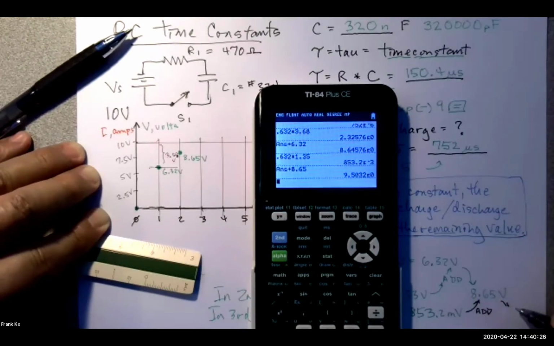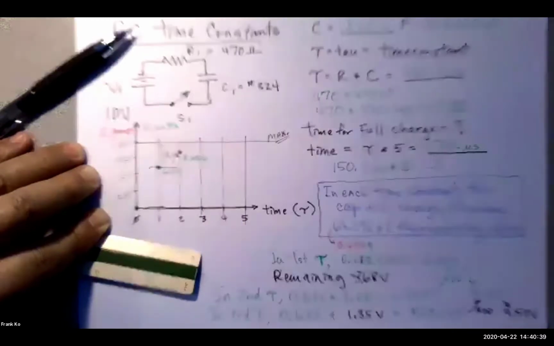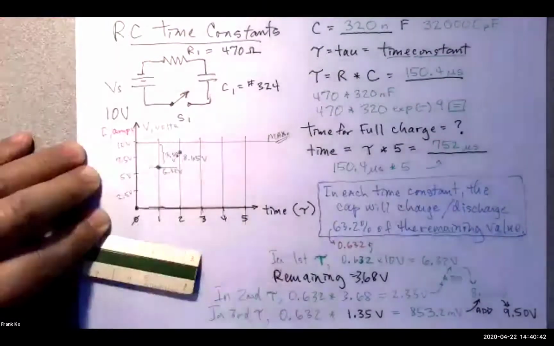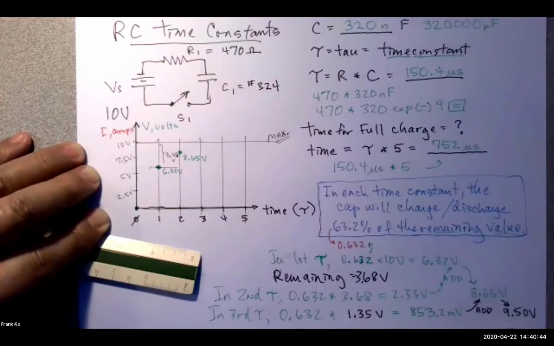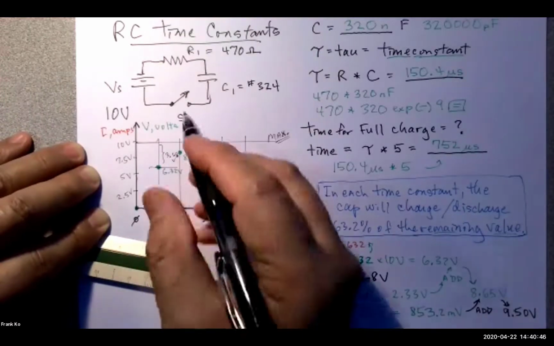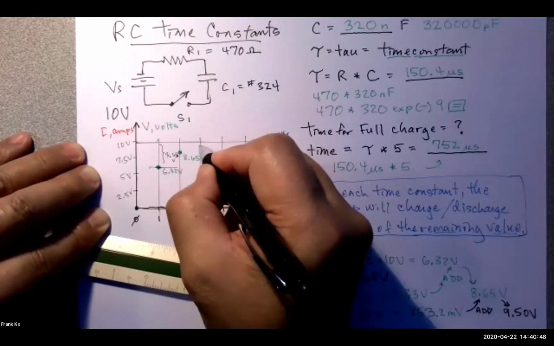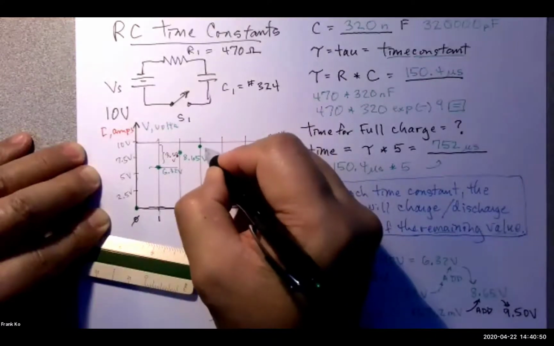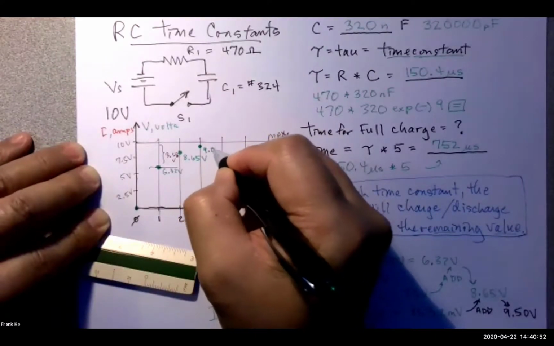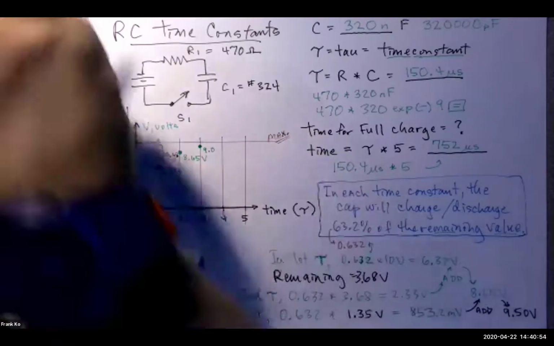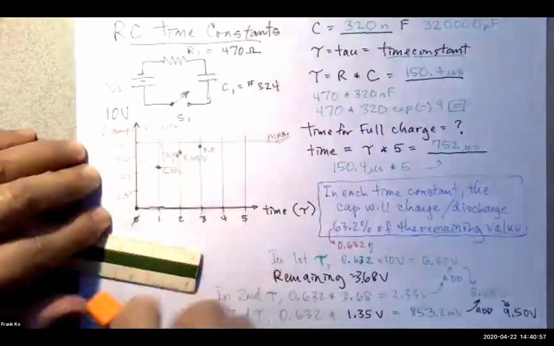That will generate a new plateau of 9.50 volts. Is everybody okay with that value? 9.50 volts. Any questions how we determine that next plateau value, which will plot right about here, and that's 9.50 volts.